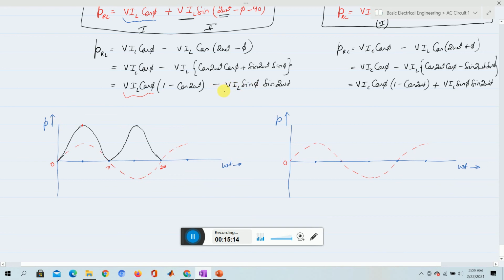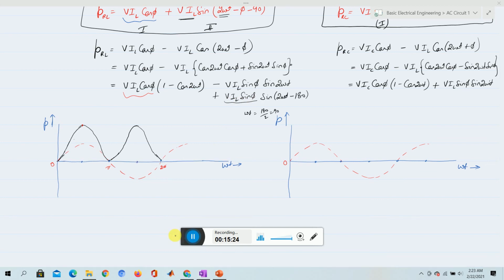You can think of making it positive also, saying that VI sin phi is common. So this minus of sine we can convert into plus, sine of 2 omega t, where the negative sign can be made plus with plus or minus 180 degrees. If we take this term equal to 0, omega t is equal to 180 by 2, that is 90 degrees.